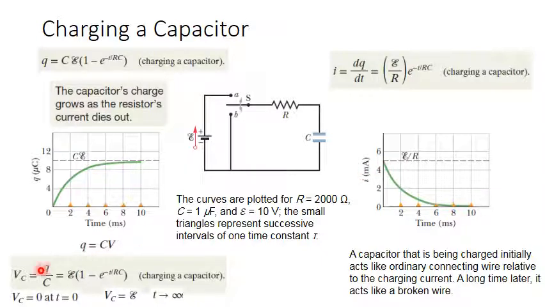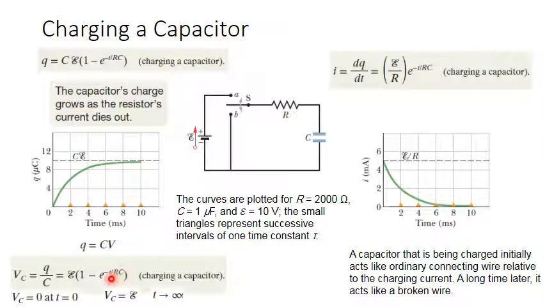On the other hand, if I'm talking about the voltage on the capacitor, it is Q over C. And already we have Q. So we just divide Q by C. So we find out the potential on the capacitor would be E multiplied by 1 minus e to the power minus t over RC.